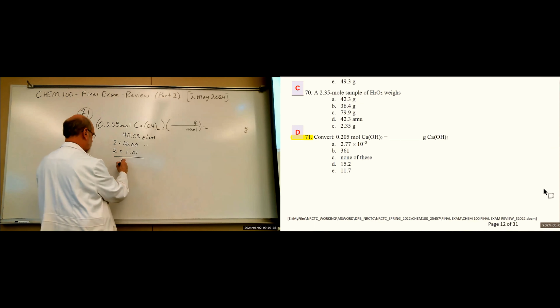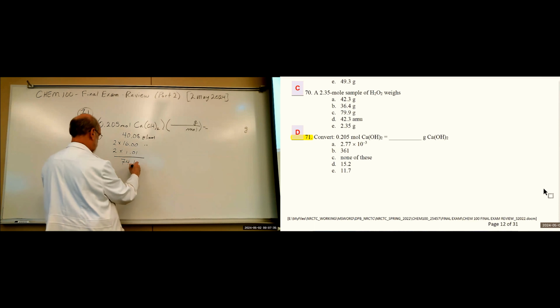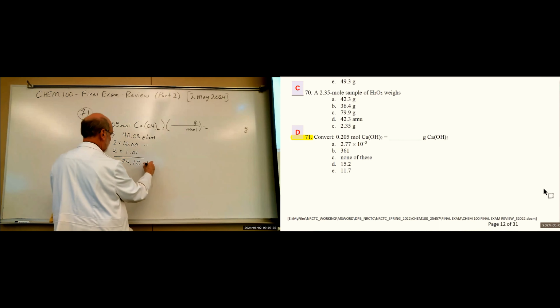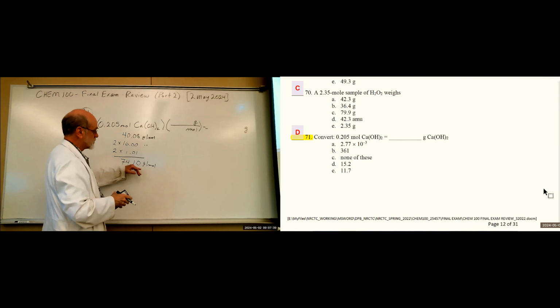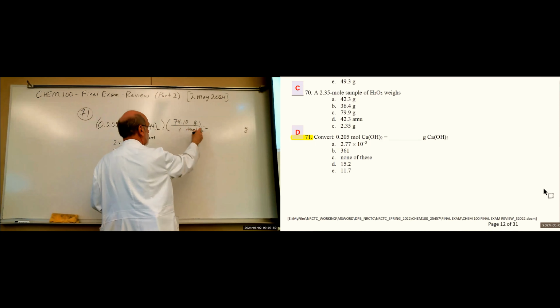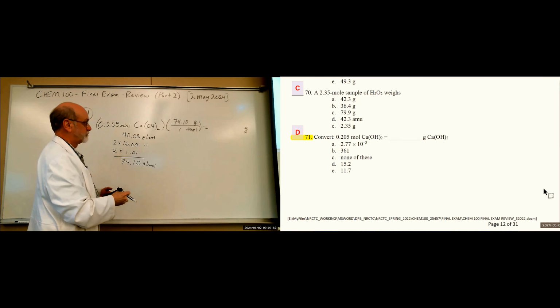And I get 74.10 grams per mole. Okay, this is grams per mole, and that's what we need. We need grams on top, like that. That way, moles will cancel and leave us with grams.